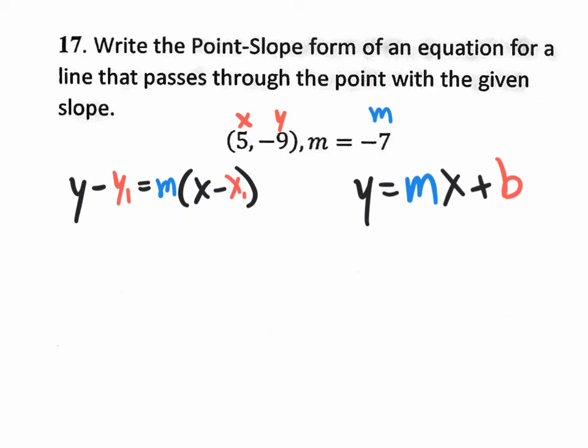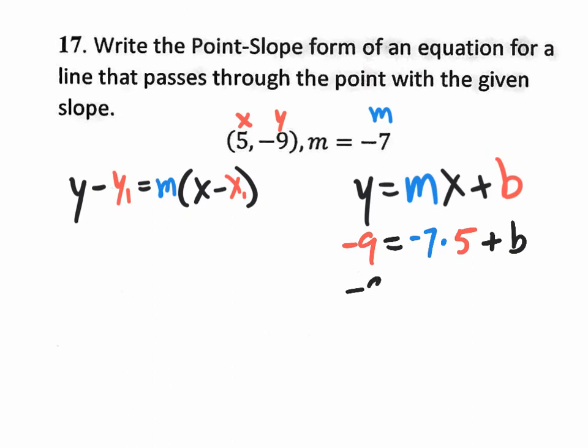Since we did point-slope just a little while ago, let's just use y equals mx plus b first to get our answer. So let's plug in -9 for y, equals the m value, which is -7, times x, the x value is 5 on our coordinate, and then plus b at the very end.